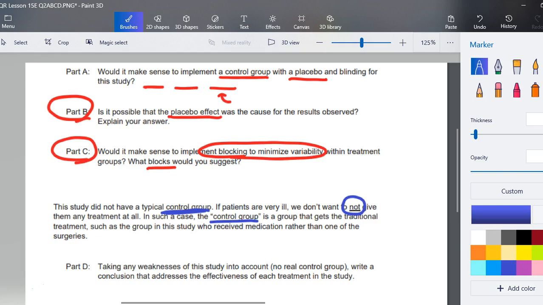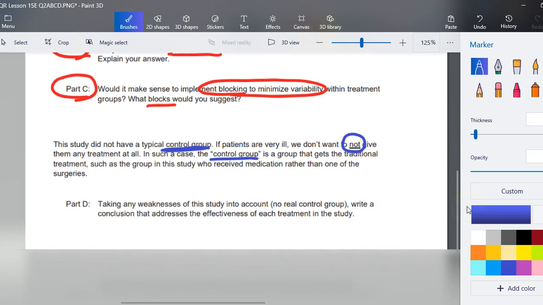So Part D, taking any weaknesses of this study into account, the fact that we didn't really have a real control group, write a conclusion that has multiple sentences, where you are addressing the effectiveness of each treatment in the study. So probably at least 3 sentences, 3 parts of description. And so I'm going to number just as I talk, because you might say something like, there is evidence that the gastric bypass surgery was most effective in helping recipients meet blood sugar targets after 3 years.